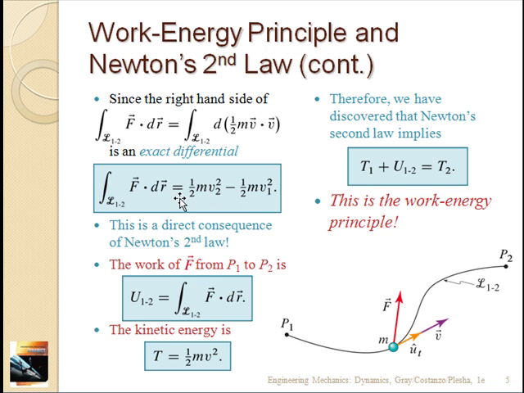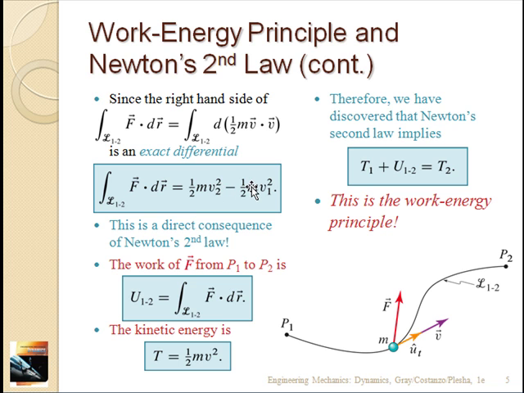So the right hand side is 1/2 m v squared from point 1 to point 2, so it's 1/2 m v2 squared minus 1/2 m v1 squared. It'll turn out, as we'll see, that this is kinetic energy. So this right here represents the change in kinetic energy from point 1 to point 2.